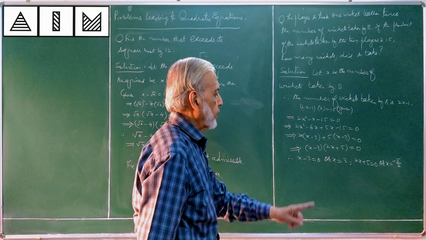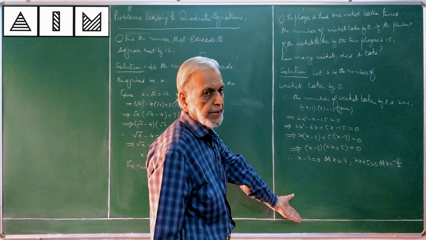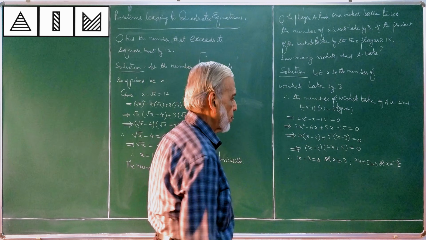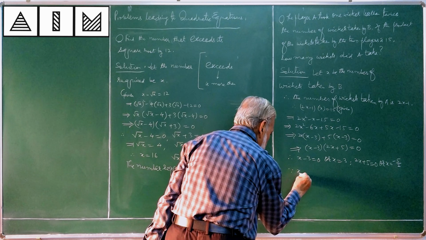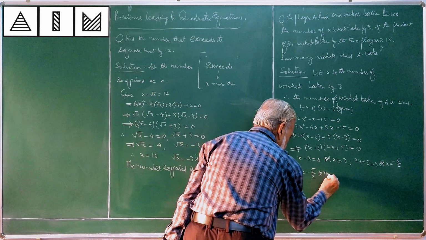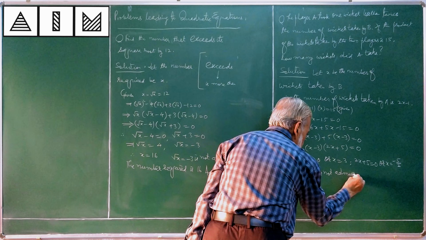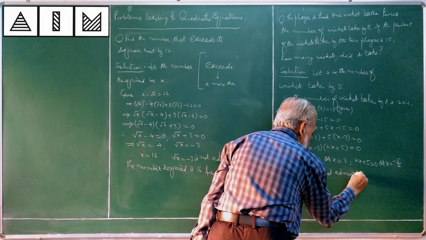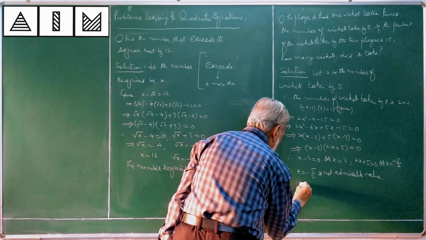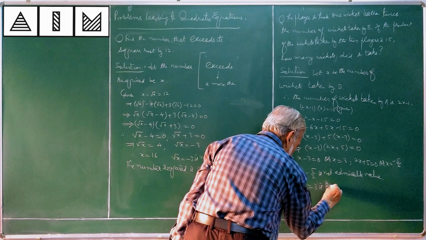Two values of x: one is 3, the other is minus 5 by 2. Here x denotes the number of wickets. That can't be minus 5 by 2, so 3 is the acceptable value. You have to write, since x is equal to minus 5 by 2 is not an admissible value, therefore x is equal to 3 is the number of wickets taken by B.